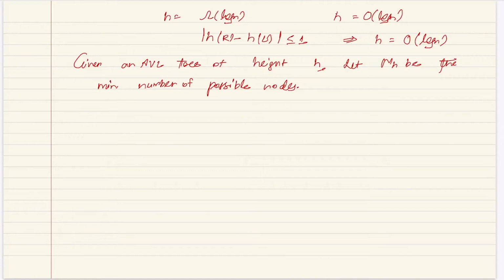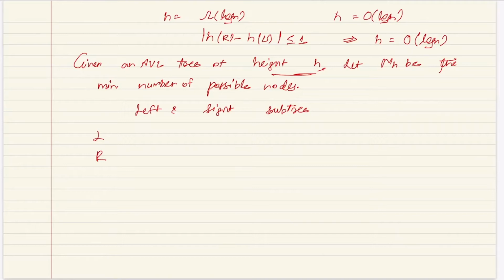So let MH be the minimum number of possible nodes in an AVL tree of height h. So now this AVL tree will have a left and right subtree. Now if the height of the AVL tree is h, what will be the height in left and right subtrees? What are the possibilities?